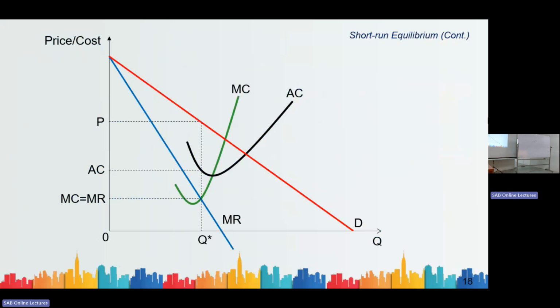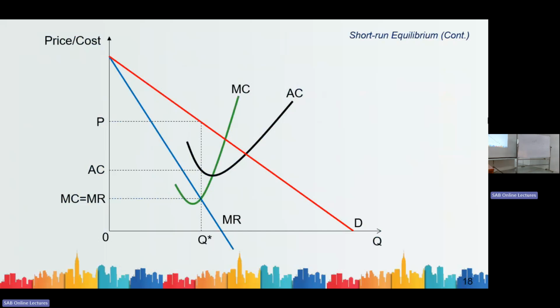You can use P star here, an asterisk mark. That is the equilibrium price. Don't find price anywhere else. Price is always lying on the demand curve.